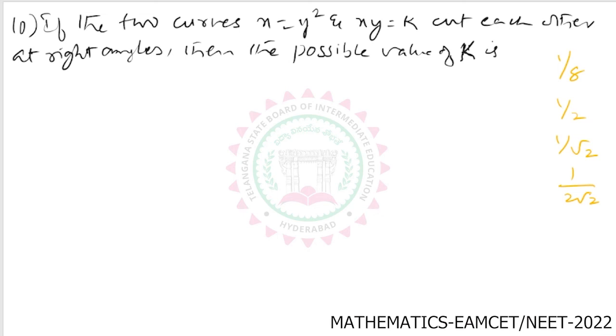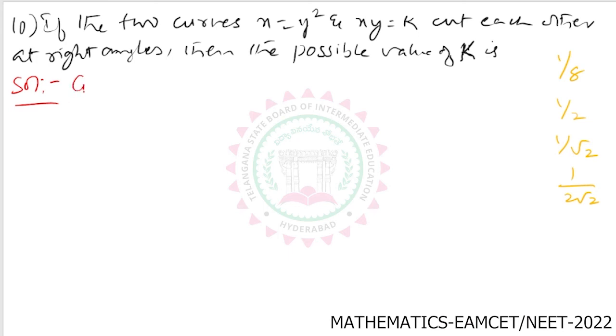Yes, what is given? Two curves are given, and these two curves cut each other at right angles. So it means that we have to use m1 m2 is equal to minus 1. Then we get some value for k. So he is asking for that value of k. Okay. Now, write down.